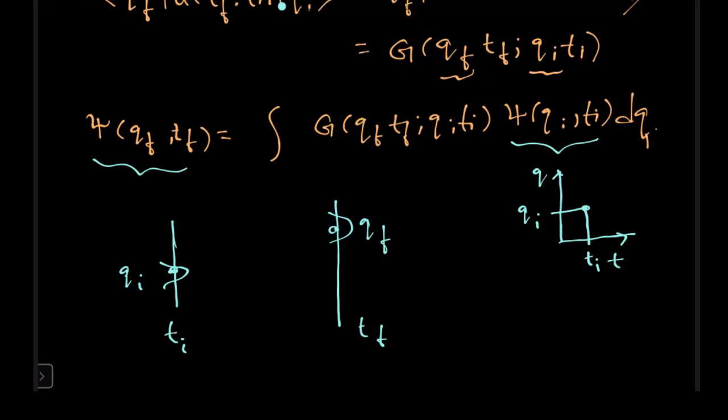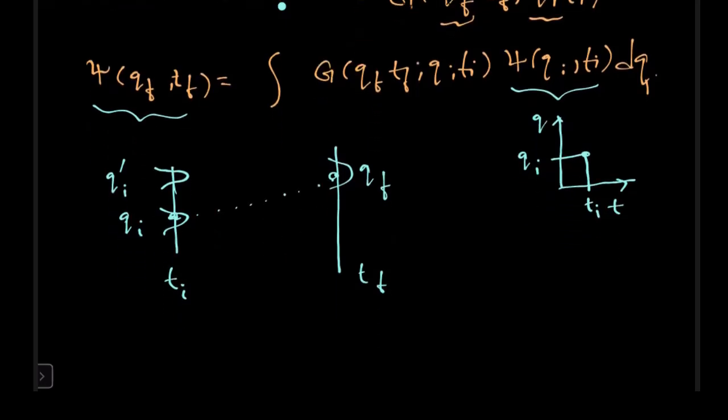When you have integration over qi, it means not only the amplitude from qi is being summed, but there can be another value of qi, which is qi prime. What is integration? Integration is nothing but summation, right? The whole thing can also be written as a summation, with different values of qi's, and the contribution goes from here to here also.